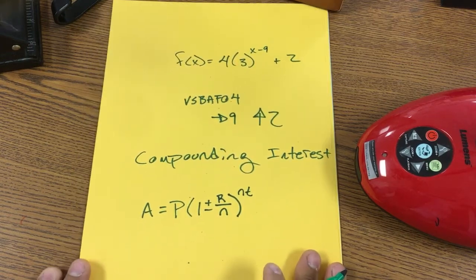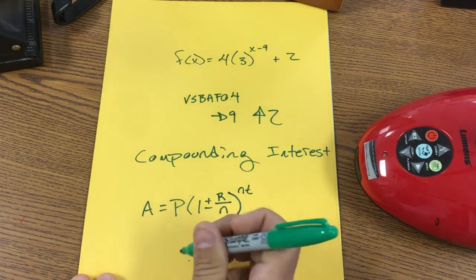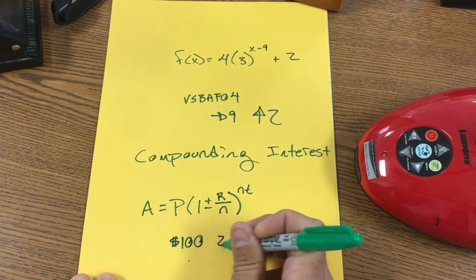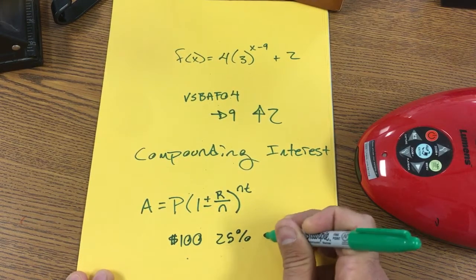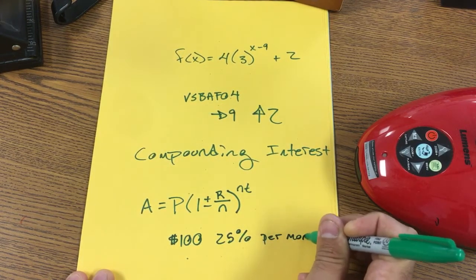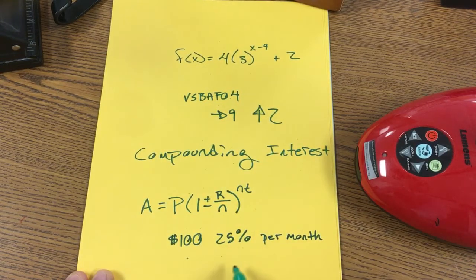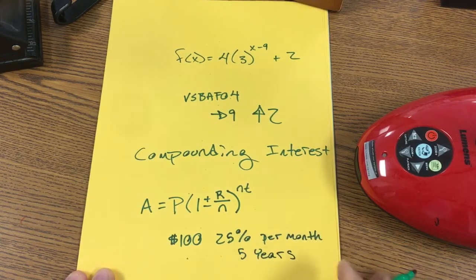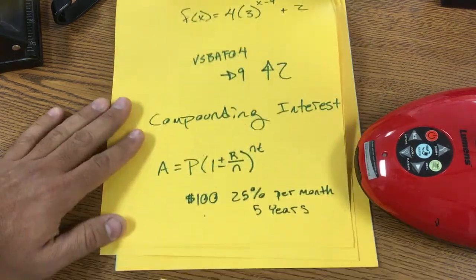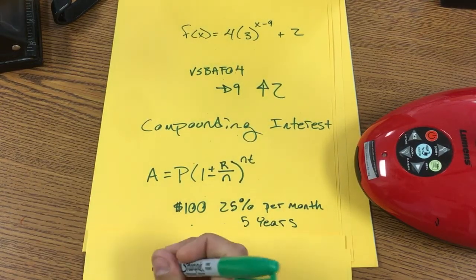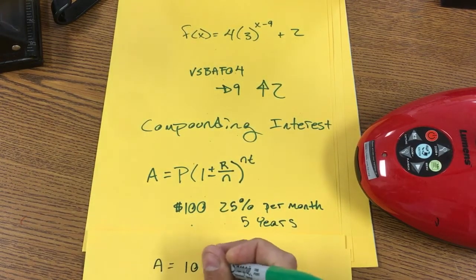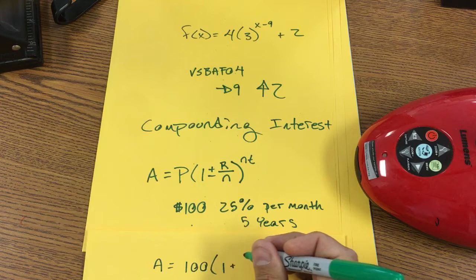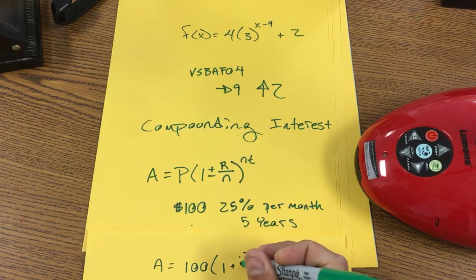So if I say I'm giving you a credit card, you borrow $100, you have 25% interest per month, and how much are you gonna owe at the end of 5 years? So what we're gonna do here, our starting amount is that $100. So we're gonna say the final amount is equal to $100, 1 plus, because we're gonna owe more money. The rate, which is 0.25, remember I have to put it as a decimal.